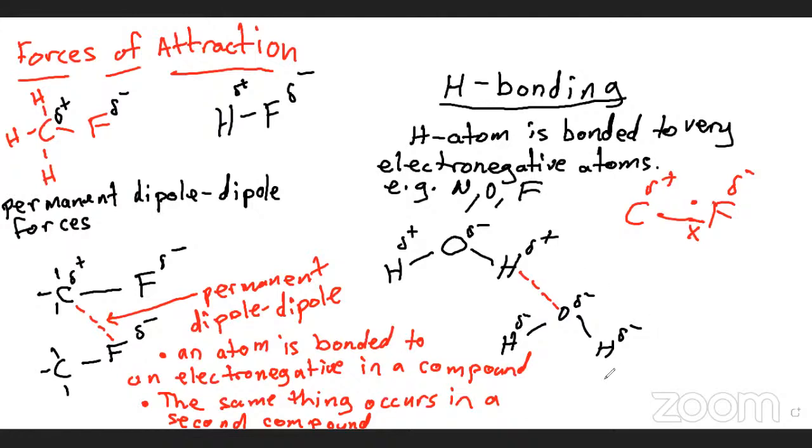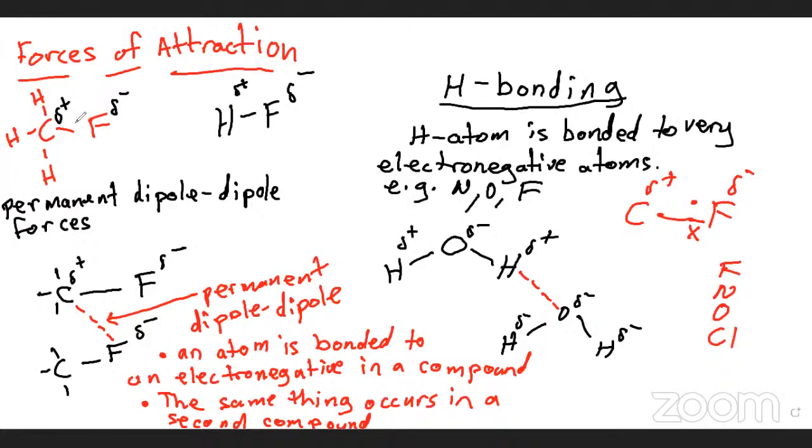If you want to make a list, these are the most popular ones: fluorine, nitrogen, oxygen, and you can add chlorine to the mix. Once you see hydrogen or carbon bonded to any of those, it is going to be polar.